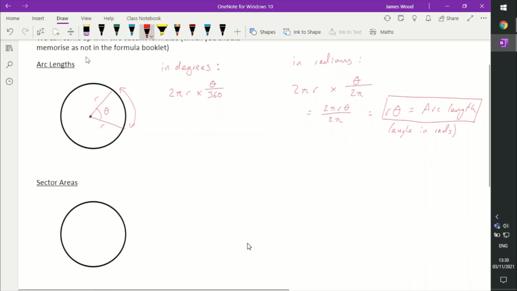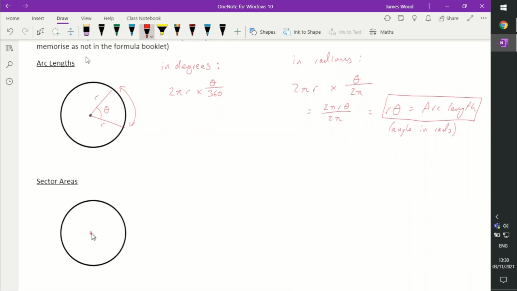Now, if we do the same for an area, we'll draw the same sort of diagram. So I've got my angle theta, I've got radius r, but this time I want to find the area of this sector here. If we do it in degrees, then we're going to have pi r squared, that's the area of a circle, for the whole circle, and we want to times it by theta over 360 for whatever fraction of the circle we want.